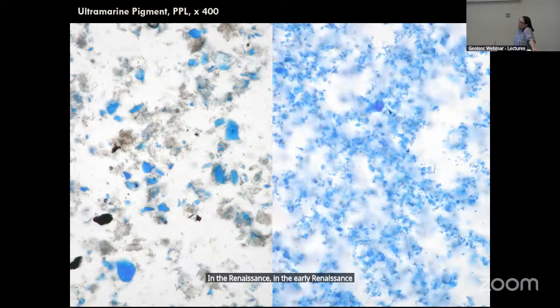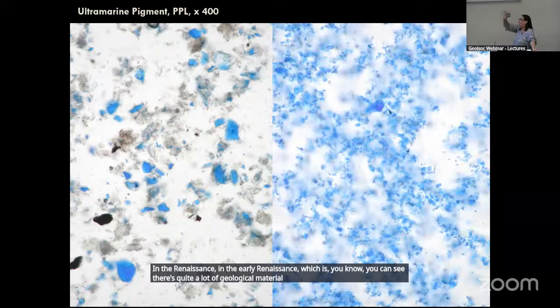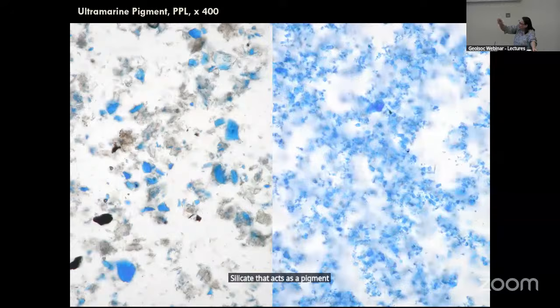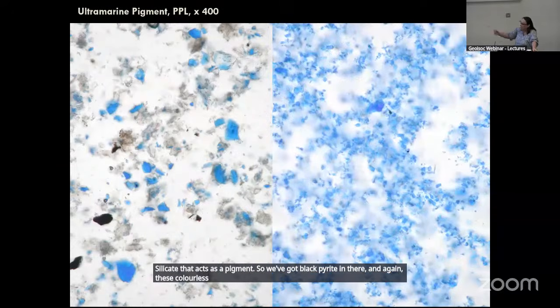You can see there's quite a lot of geological material in there besides these stunning blue particles of this really unusual silicate that acts as a pigment. So we've got black pyrite in there, and again, these colourless phases like diopside, calcite, and so on and so forth.